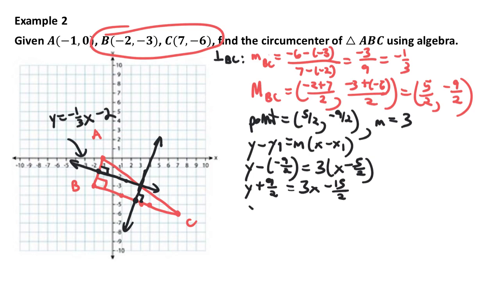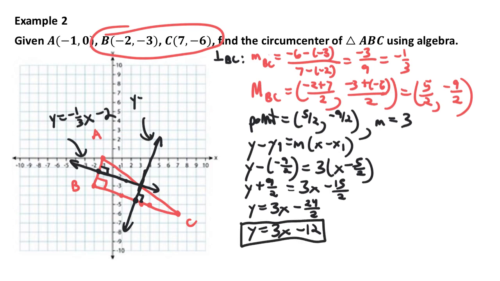Subtract 9 halves from both sides. y is equal to 3x minus 24 halves, or y is equal to 3x minus 12. All right, let's record that. This is y is equal to 3x minus 12.